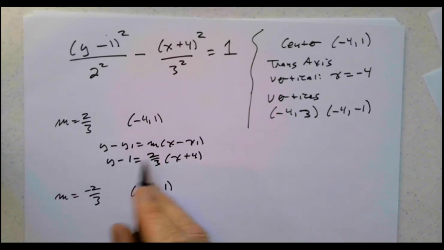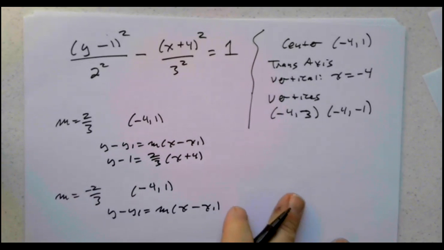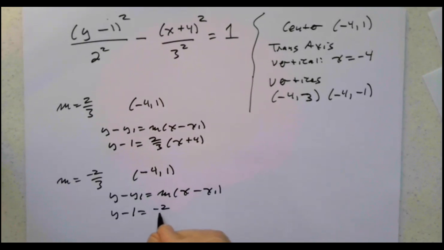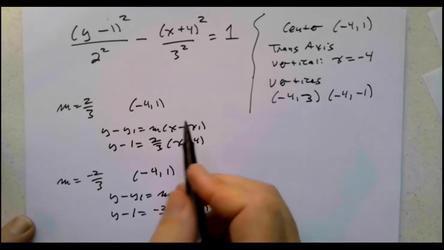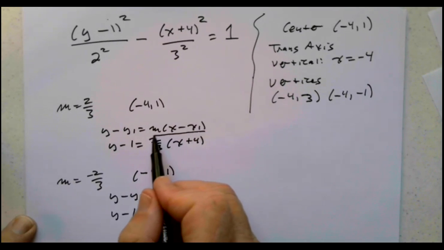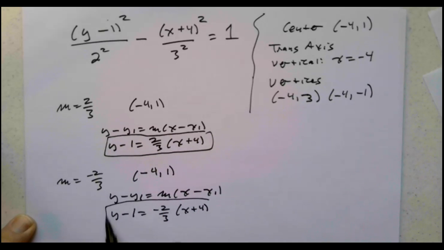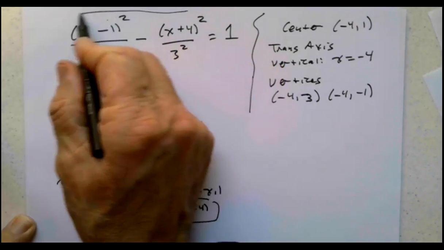Similarly down here, y minus y1 equals m times x minus x1. Y minus 1 equals -2/3 times x plus 4. So those are our equations of our asymptotes. We have those, and we have the equation of our hyperbola.